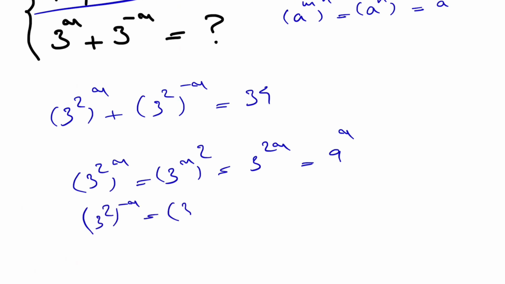This will be 3 to the minus x to the power of 2, which is equal to 3 to the minus 2x, or 9 to the minus x, which is what we have in the equation.